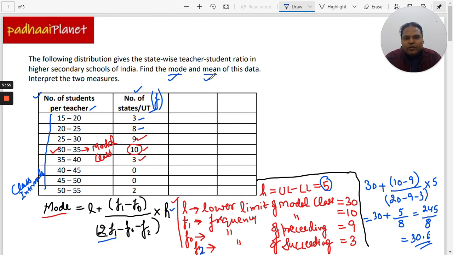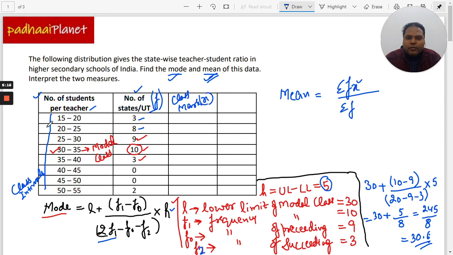Now we need to calculate the mean also. We already know that mean is equal to sigma fx over sigma f. Here x is the class mark, so we will first find the class mark.